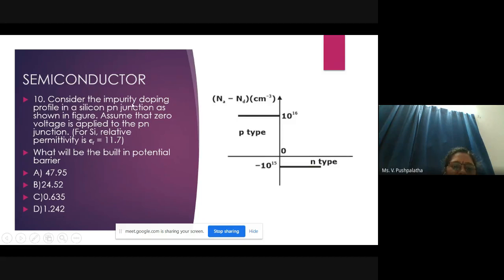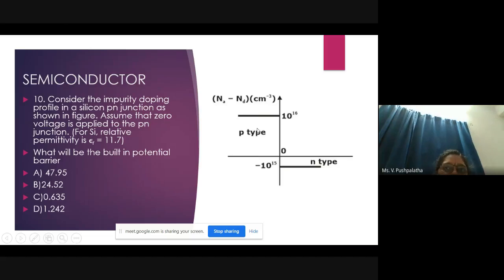Consider the impurity doping profile in a silicon PN junction as shown in the figure. Doping concentrations are given. P type is nothing but an intrinsic semiconductor doped with a trivalent impurity. So here the concentration is Na, not Nd, because of acceptor ions, the acceptor concentration.